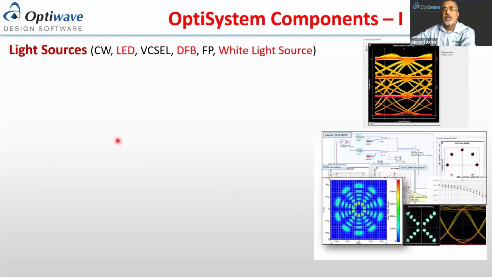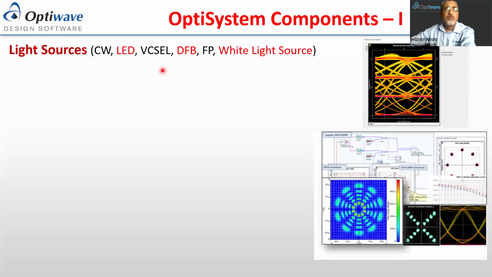OptiSystem components include light sources. We have continuous wave light sources of different types, where you can also load your own measured data into these devices. You have light emitting diodes, DFB lasers, Fabry-Perot lasers, and white light sources, and in this release we added the single photon laser.